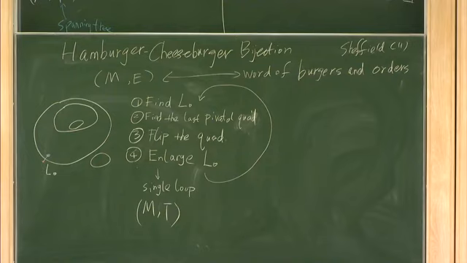So imagine you have an FK cluster, and this is the loop representation. Now I want to give a procedure of decreasing the number of loops until the number of loops is only one.